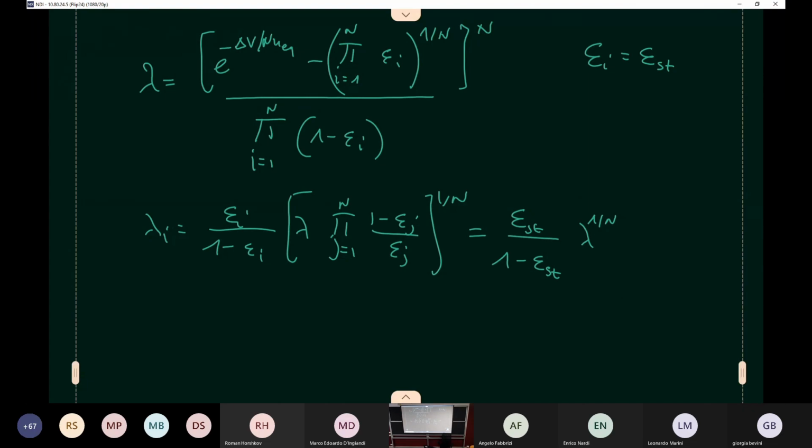So we can see that is exactly 1 minus epsilon over epsilon. It simplifies, and we have this special solution that tells us that for this special case, lambda I is equal to lambda to the power 1 over n. And for each value of I, so all the stages have the same payload ratio.